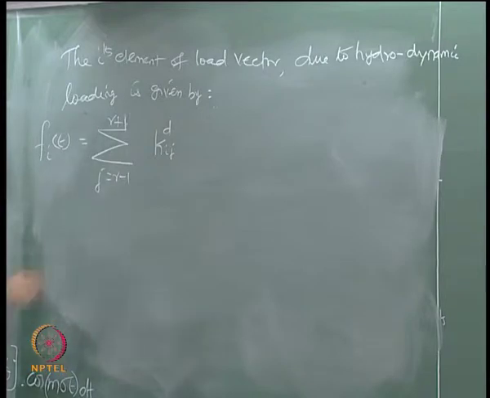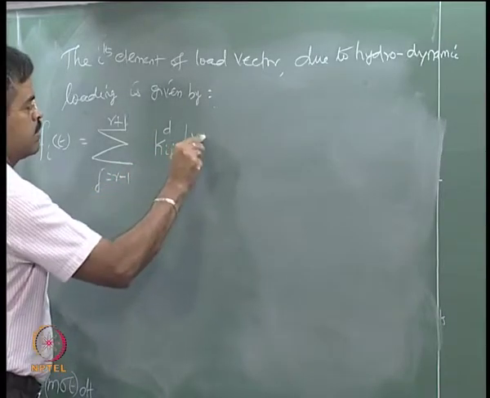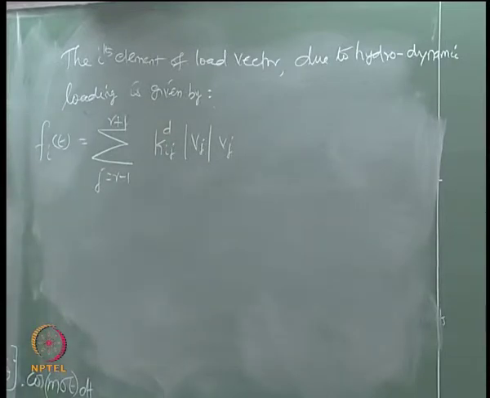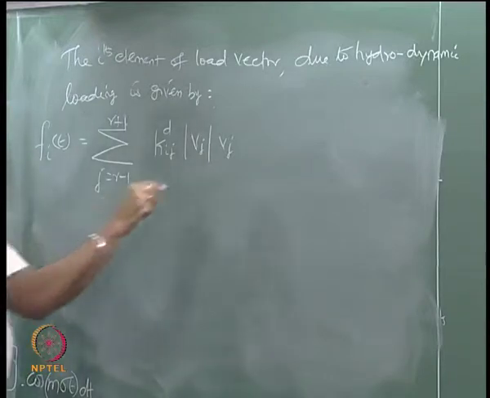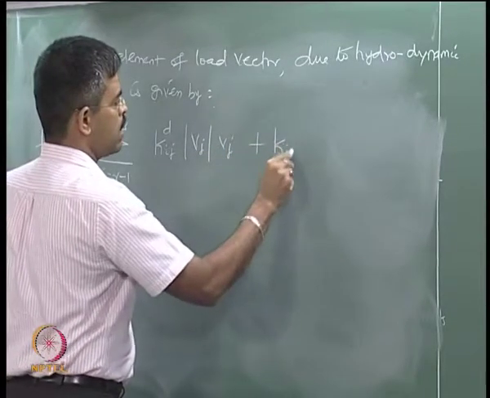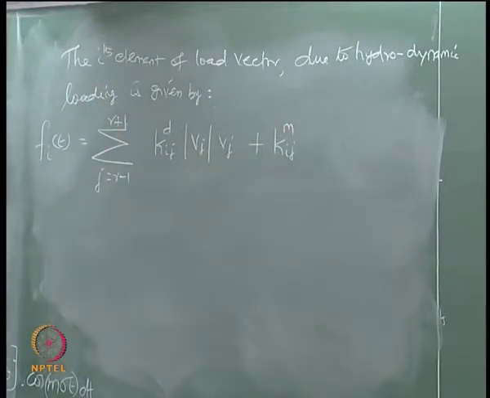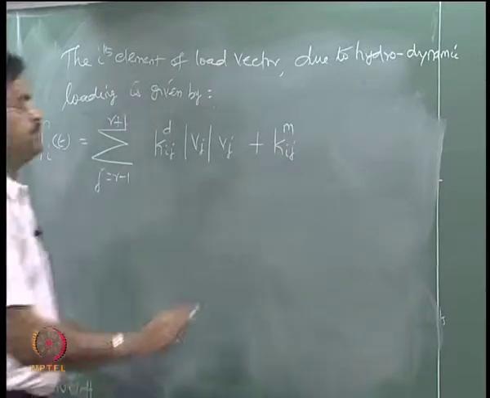Vj and Vj, that is the drag component, plus k ij of m, I call this the mass component or inertia component, times u double dot of j.